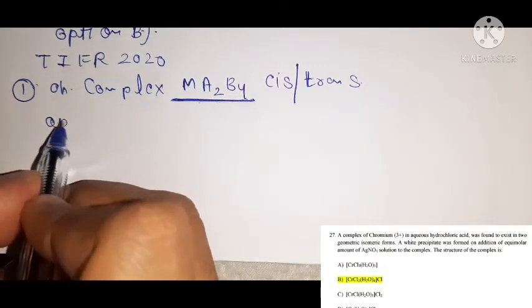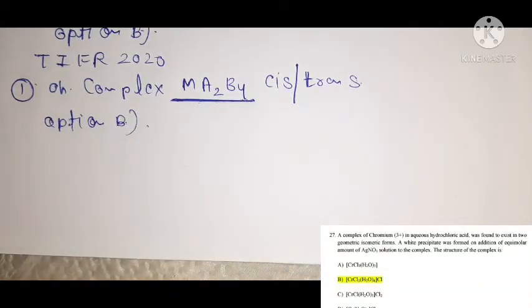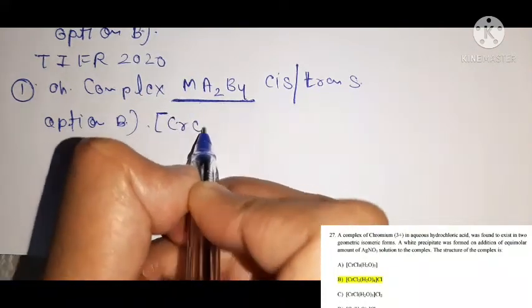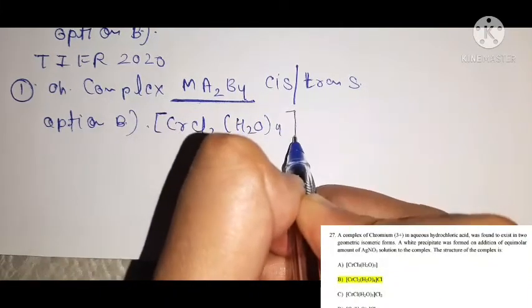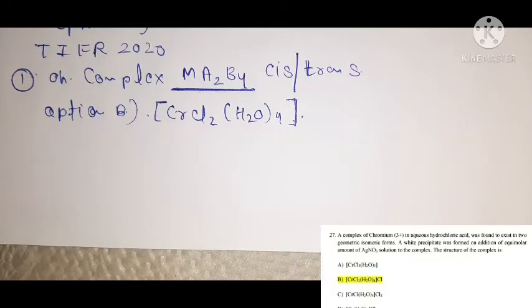So option B is the correct answer for this question. Now we can draw the geometrical isomers of this complex. See, option B is this CrCl2(H2O)4. The first form is the cis form and the second form is the trans form.